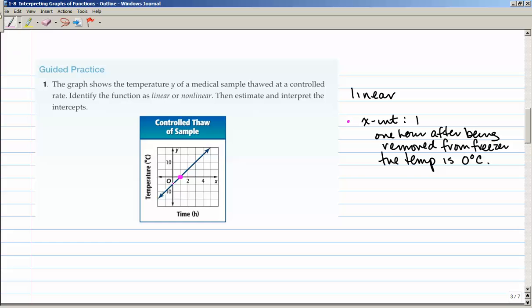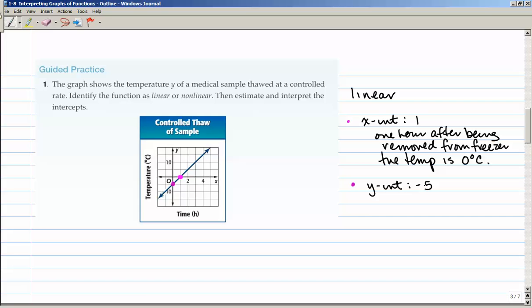At this point right here, that's going to be my y-intercept. At that point, my y value is going to be -5. Notice that the y-axis is actually marked a little bit differently. Every 2 boxes is 10, so 1 box is going to be 5. So my y-intercept is -5.